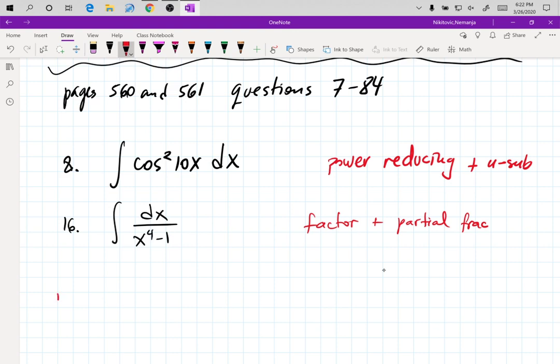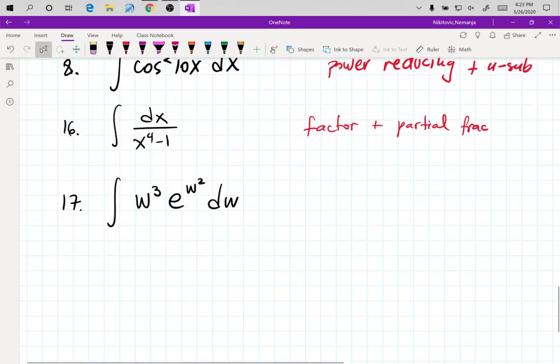Ooh, this is evil. W cubed e to the w squared dw.